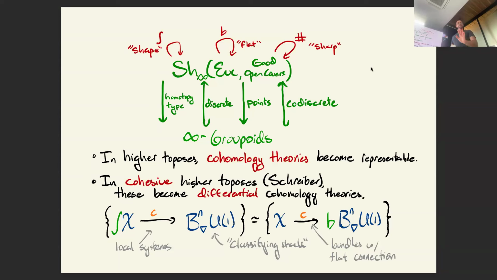The reason that these have these names is due to Schreiber, who has this fun explanation for why flat should be called flat, given that it is right adjoint to shape. Shape is a generalized term for homotopy type that's used, for example, in shape theory, which is the theory of the homotopy theory of bad spaces, essentially.